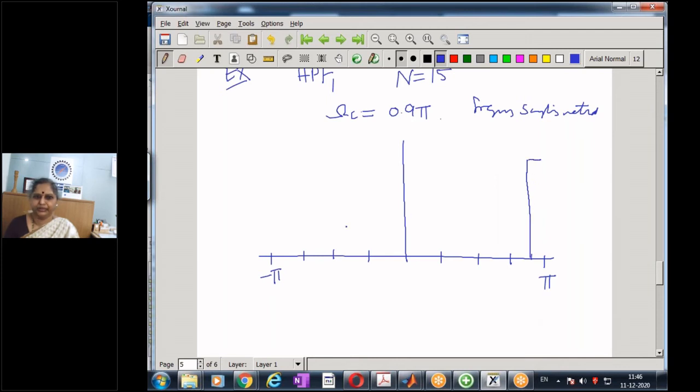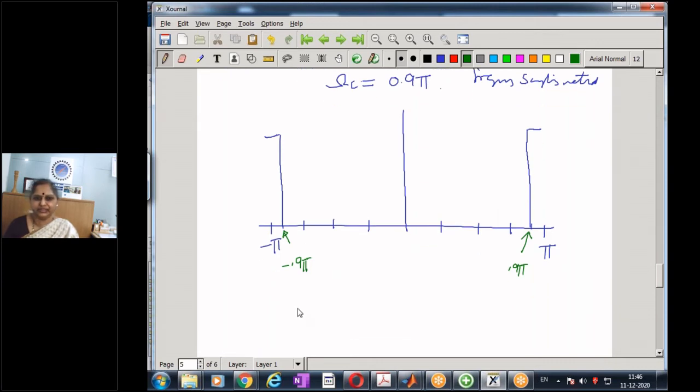This is a high pass filter. This is 0.95, and similarly this is going to be minus 0.95.